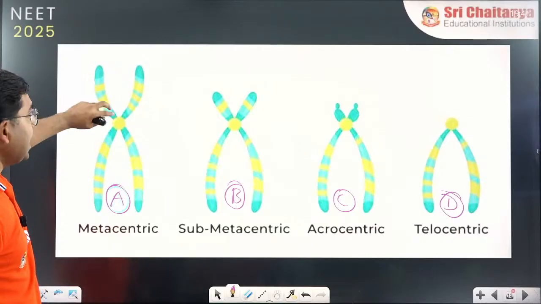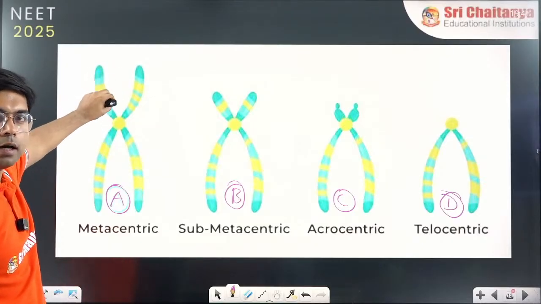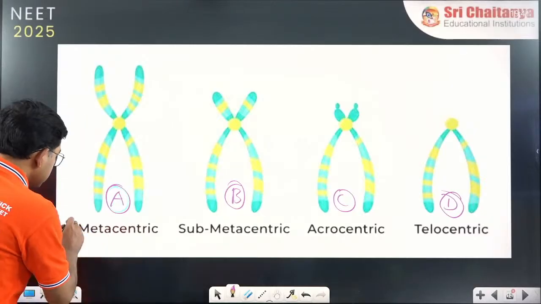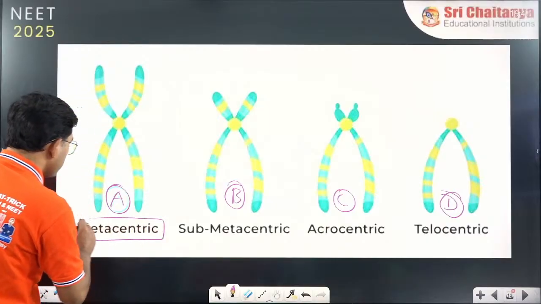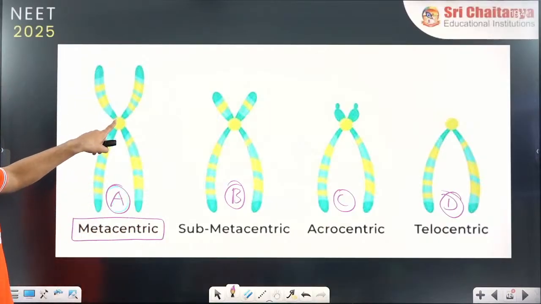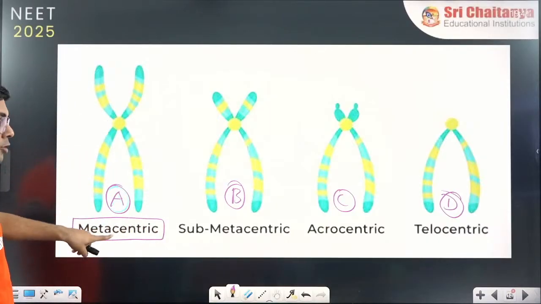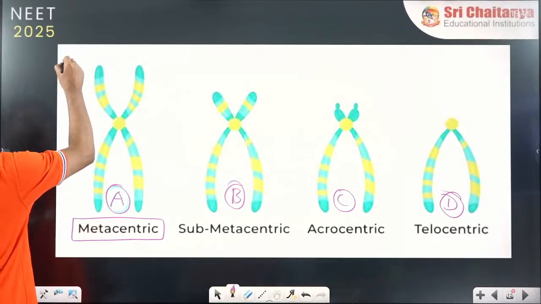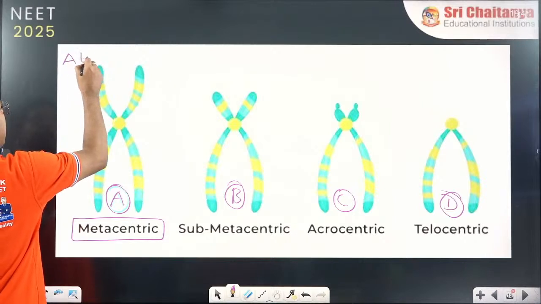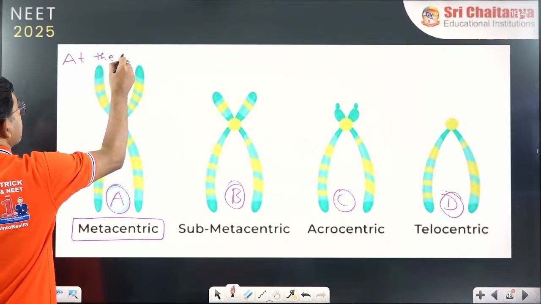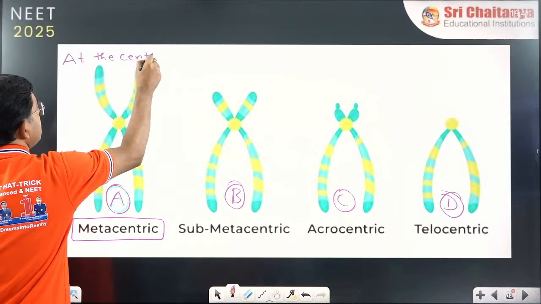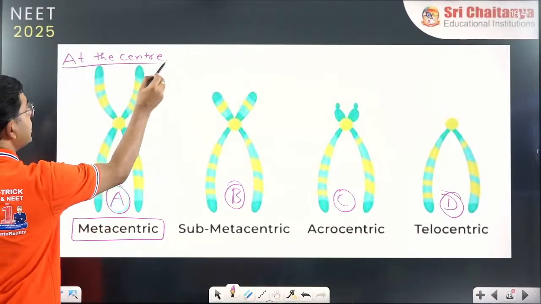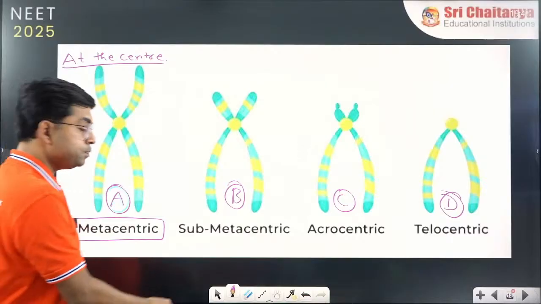That is just a drawing confusion, but it is at the center. So the chromosome in which the centromere is at the center is called metacentric, right? At the center is metacentric.